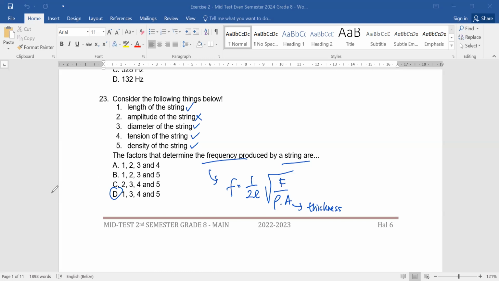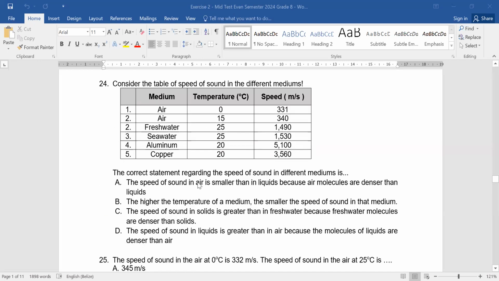The next one, question number 24. You are given some speeds of sound. It says that in air, when the temperature is 0, and here also the air when the temperature is 15.